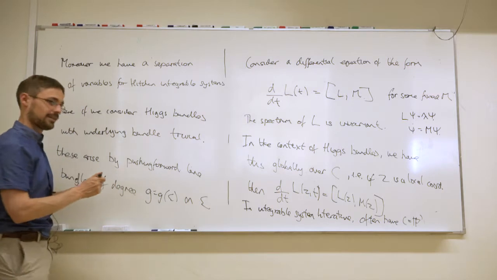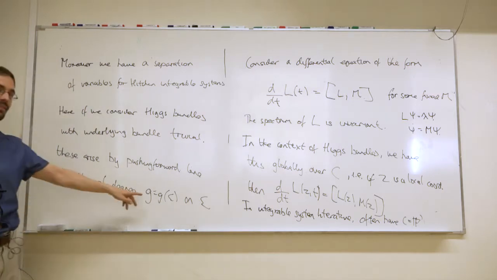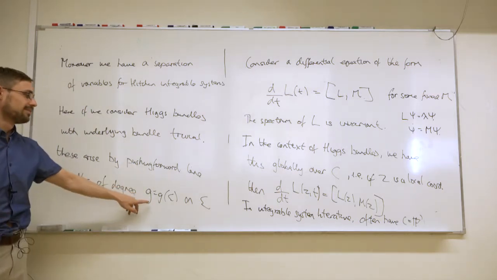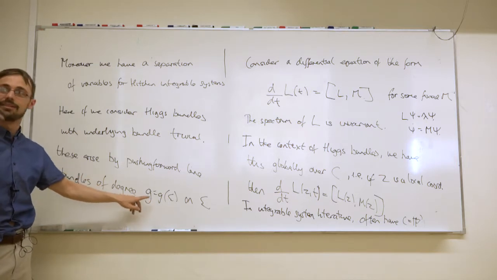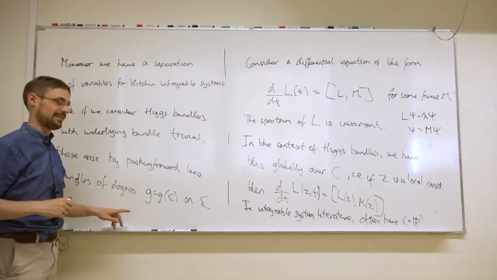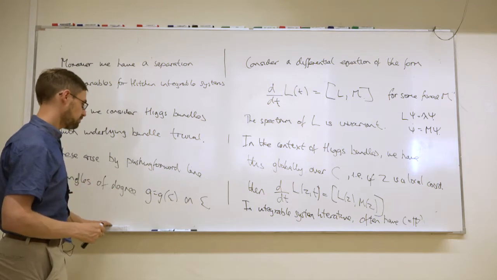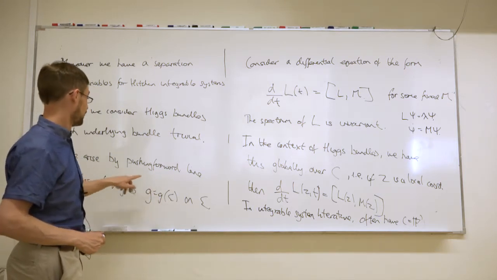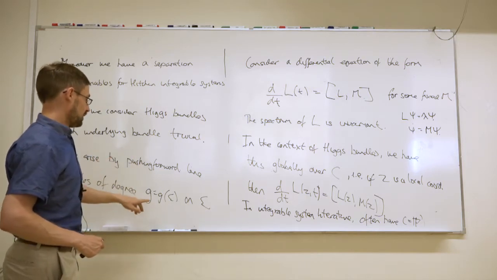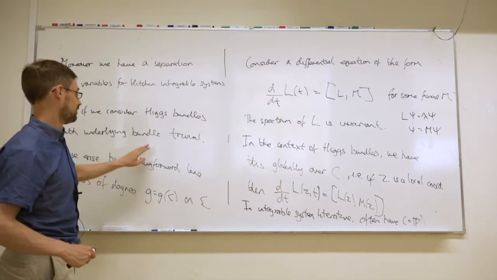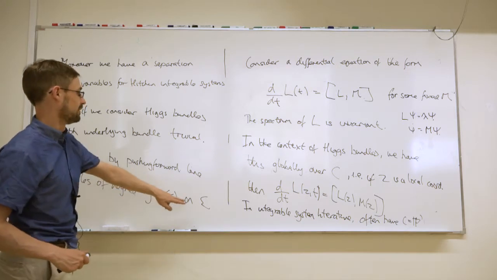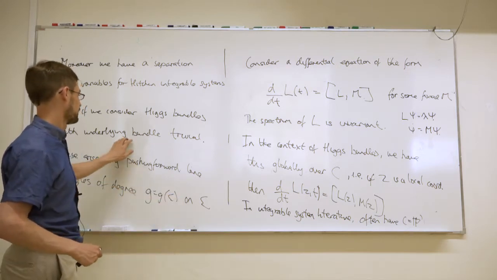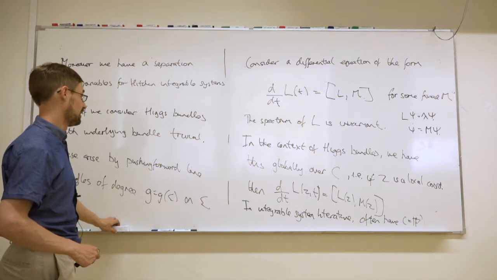So I guess we spent some time thinking about the case where the degree was G minus 1. But we said this last time as well, that the push forward at least of a generic line bundle of this degree on the spectral curve gives an underlying trivial bundle.